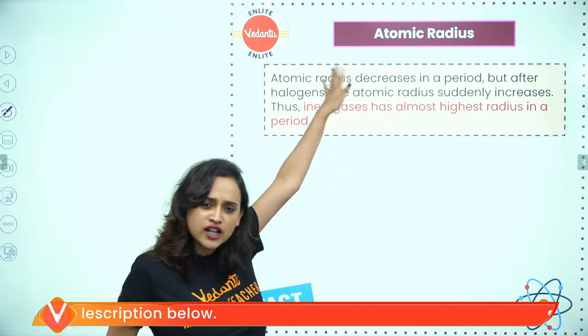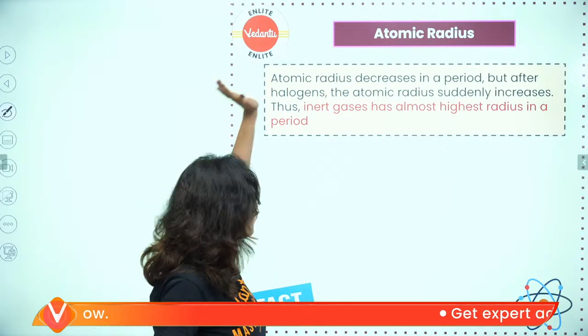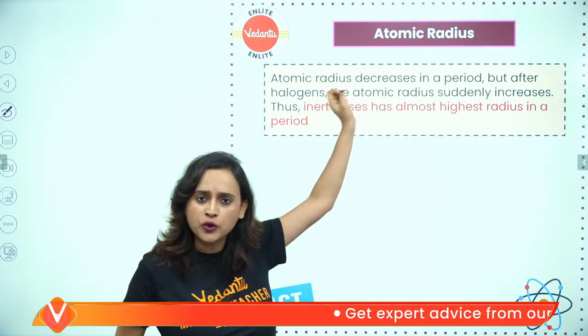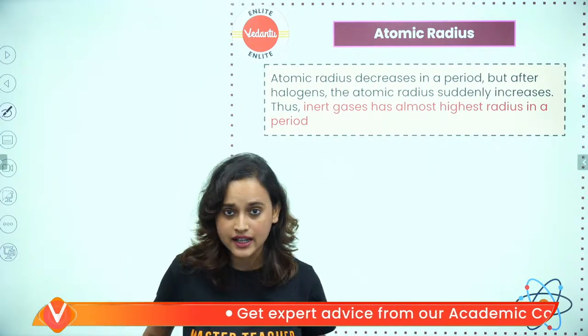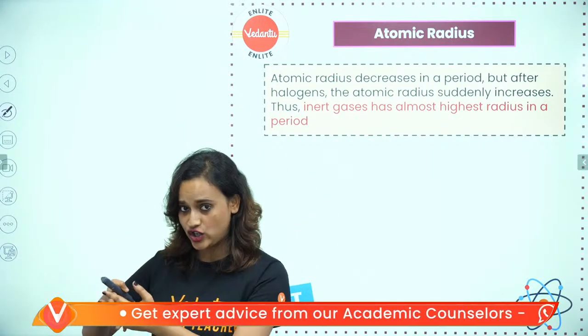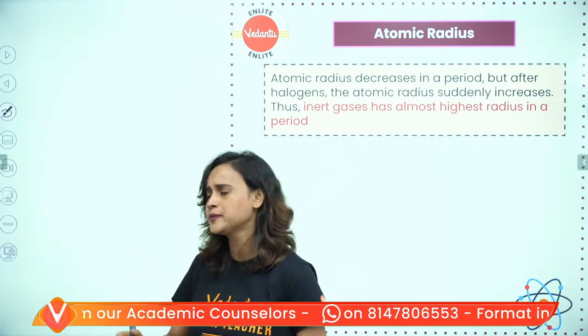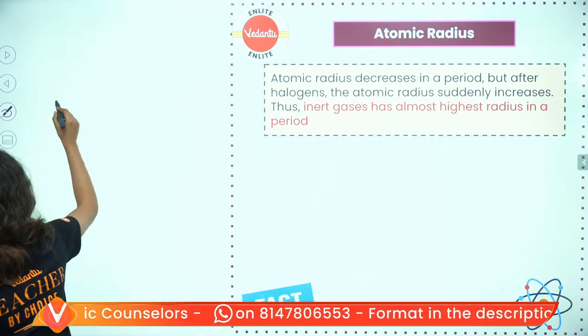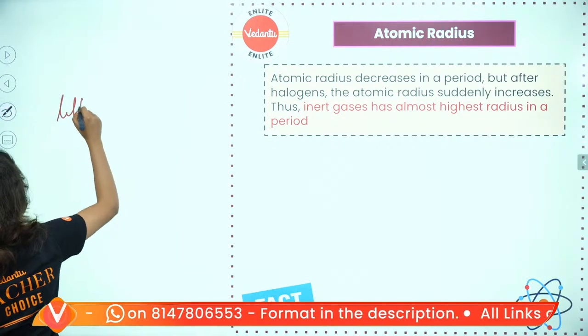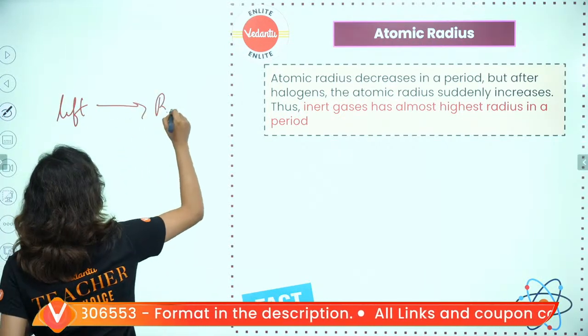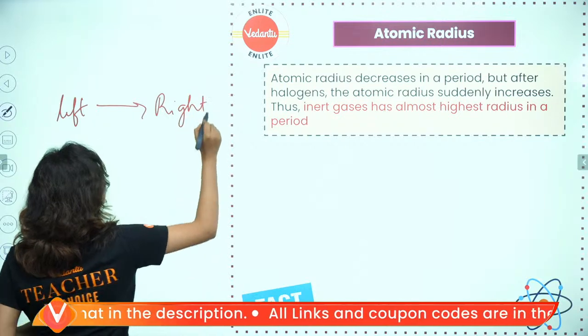So today the first exception, or the first anomaly, that we are going to read about is atomic radius. If you remember yesterday's session on the trends, across the period, when you go left to right, what happens to the atomic radius?